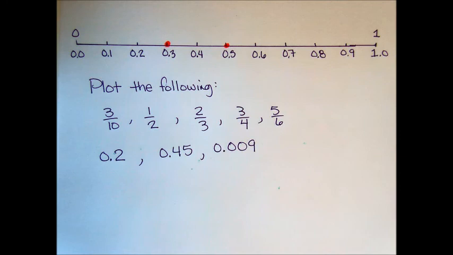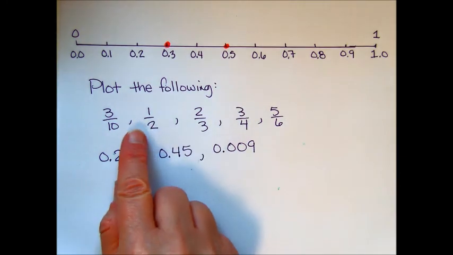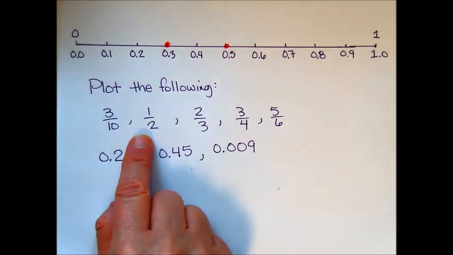But if you're not sure, what you want to do is divide the 1 by the 2, and then you'll get 0.5.